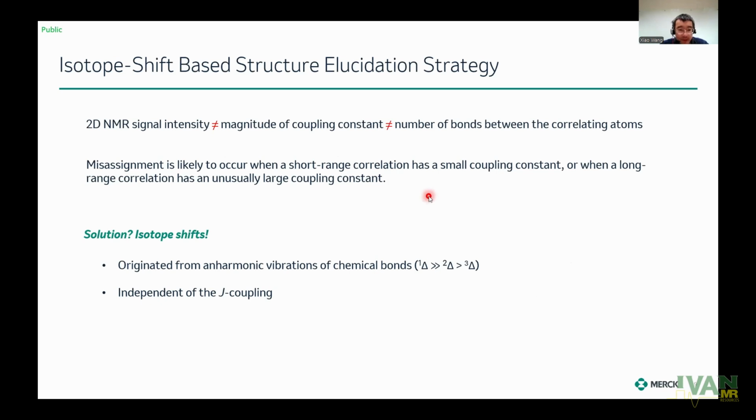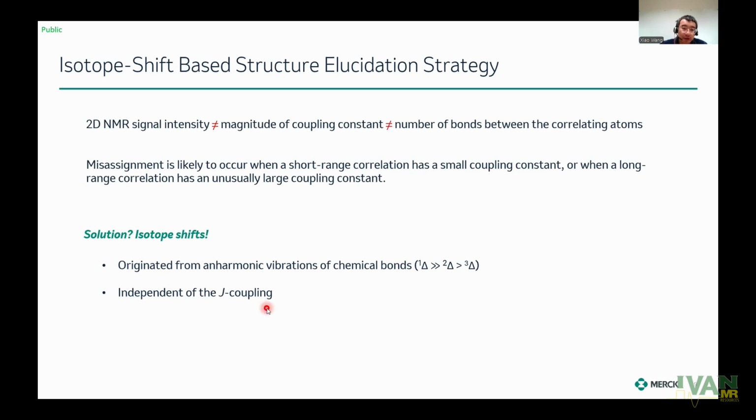So what we are thinking is, is there a better solution to this problem, to decouple the coupling constant from the bond range of the correlations? The solution is to use isotope shift. First, isotope shift is absolutely independent of the J coupling because they come from completely different physics.